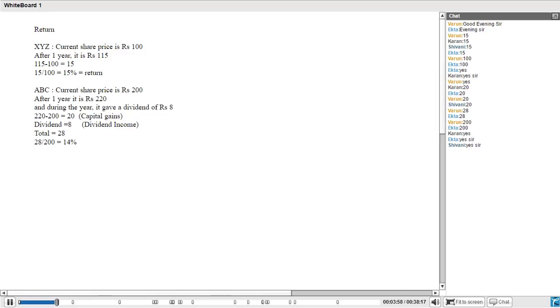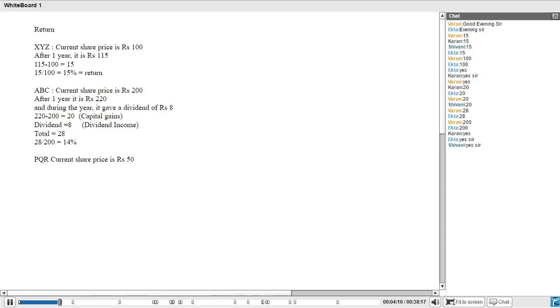Let's try and solve an example which I would want all of you to solve. Suppose there is a company PQR and its current share price is rupees 50.